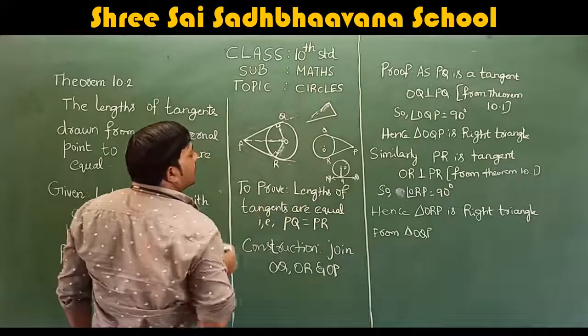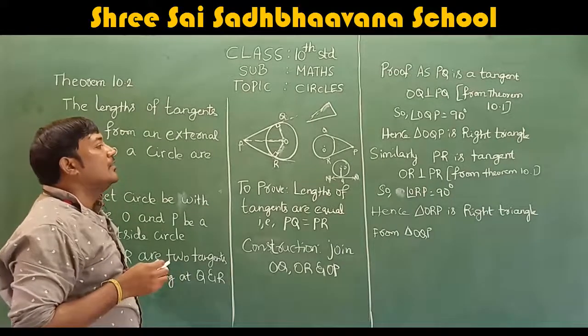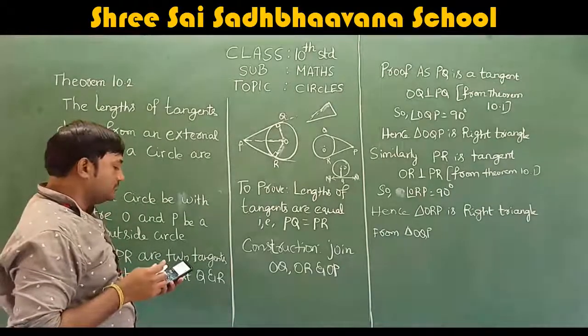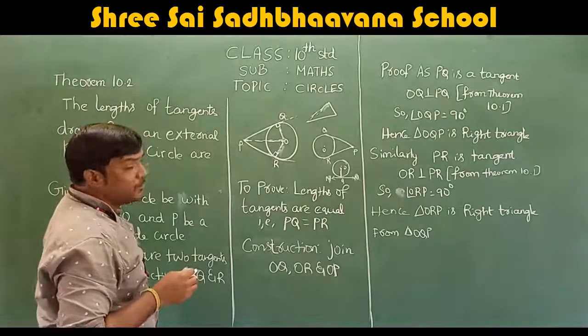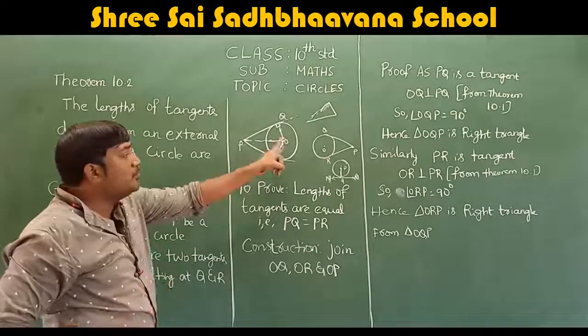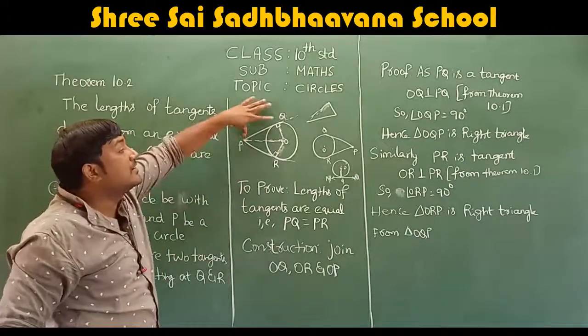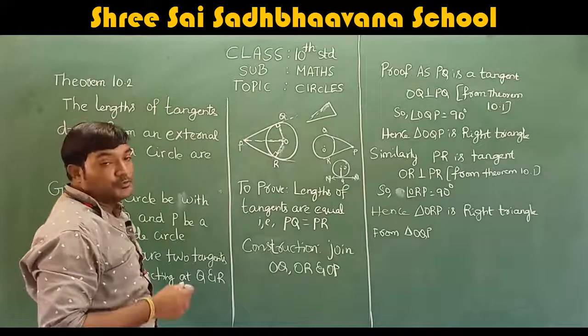Okay, you can draw like this. So can I take OP as the hypotenuse, because OP is the longest side, correct? OP is the longest side compared to PQ and OQ.